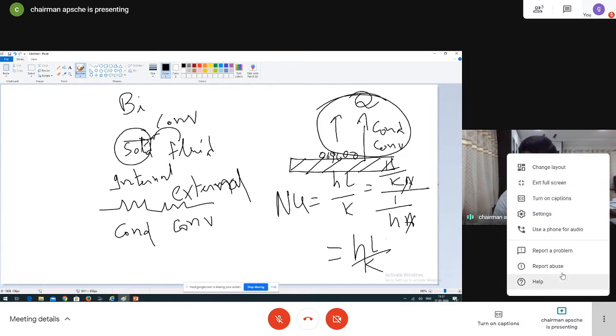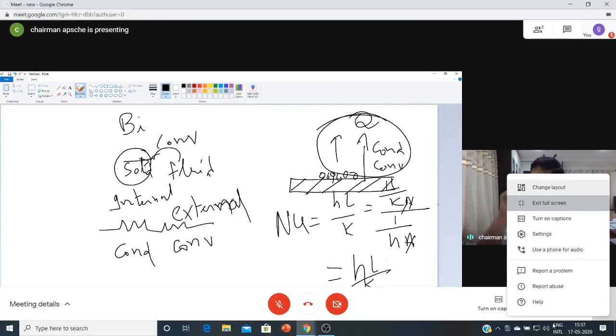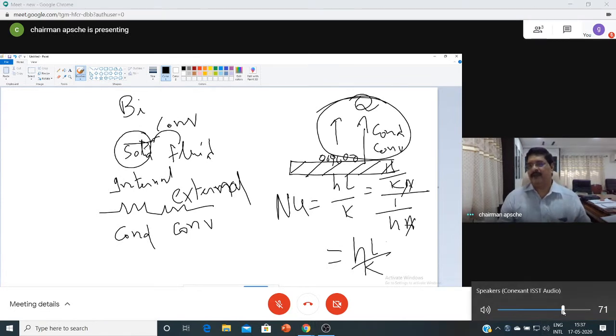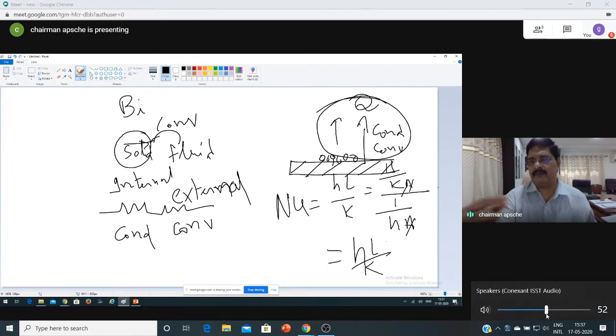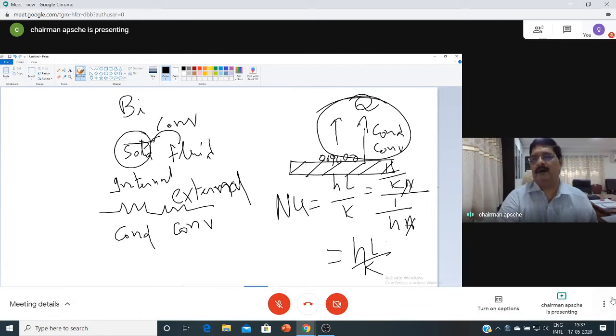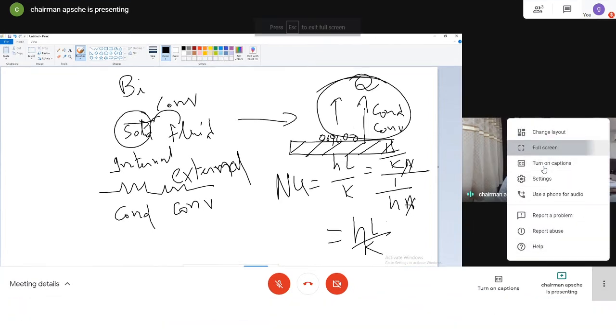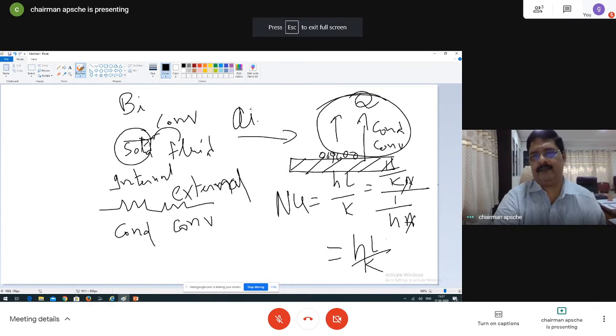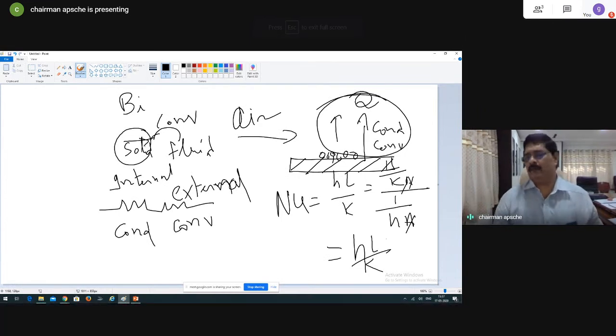So conduction resistance is that of the fluid, convection resistance is also that of the fluid. To confuse you, the problem can be like this. Air is flowing over a plate, he may state, at a temperature of say 30 degrees centigrade, and its thermal conductivity is k, and its length is so much, that may begin.